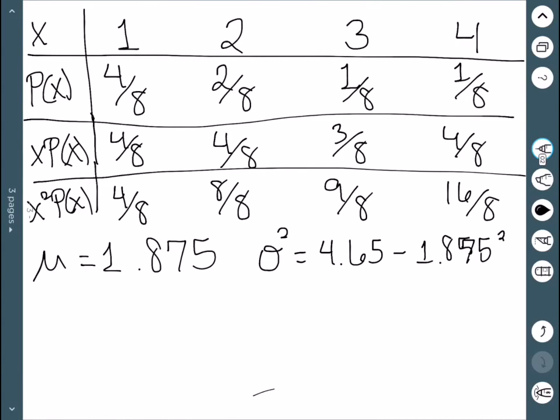And when we do, this gives us 1.11. Standard deviation is then the square root of that number, which then gives us approximately 1.05.